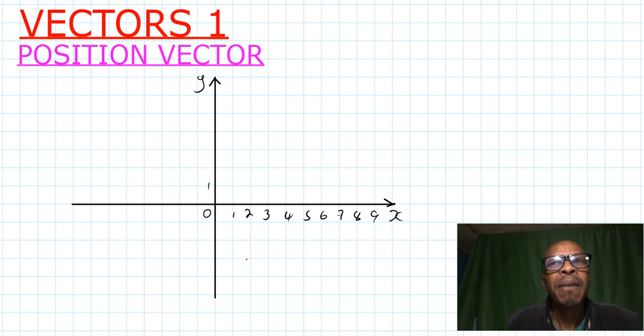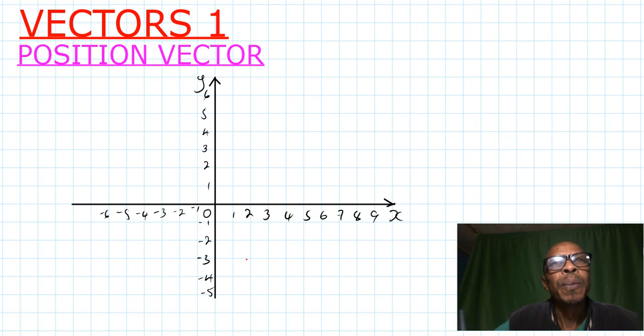We have 1, 2, 3, 4, 5, and 6. We also have negative 2, negative 3, negative 4, negative 5, negative 6. We have negative 1, negative 2, negative 3, negative 4, negative 5.